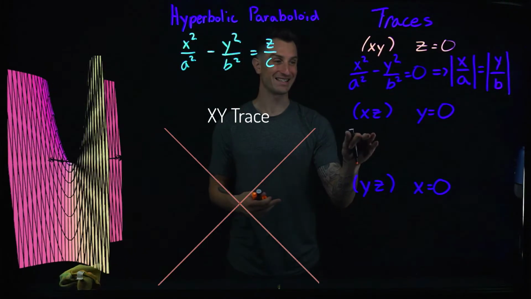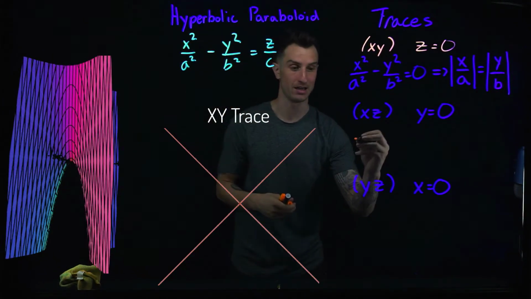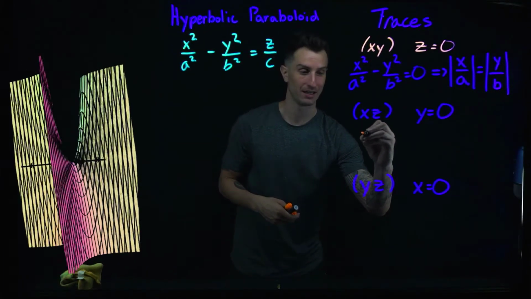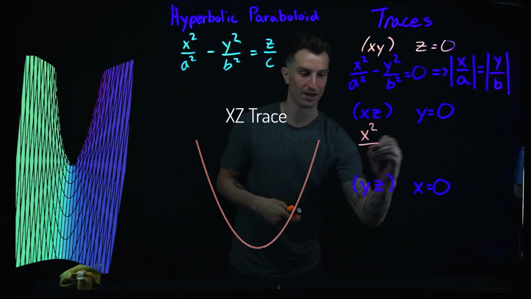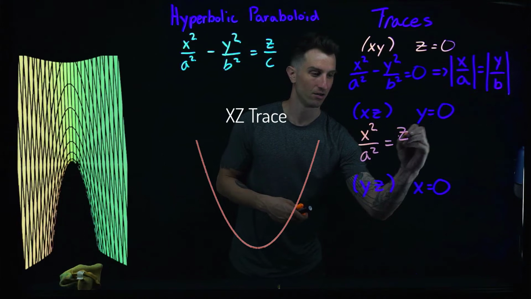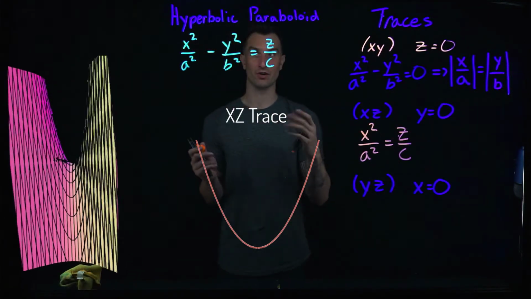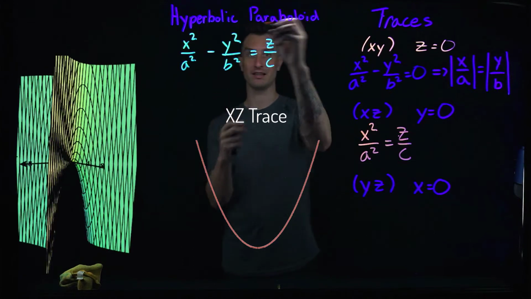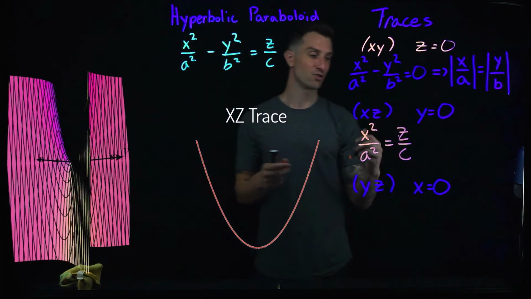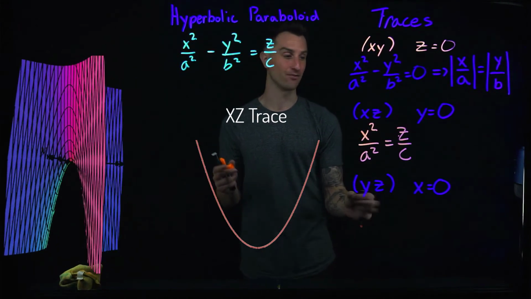So now in our xz plane, y is equal to 0, so we're just plugging in 0 for y. What do we get? We get x squared over a squared is equal to z over c. And what do we have here? We just went over this in our previous shape, the paraboloid. This is going to be an upward facing parabola, and I'm mentioning upward because we might find something different in this one.